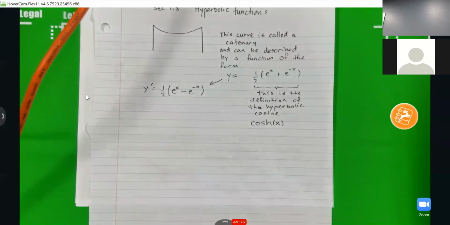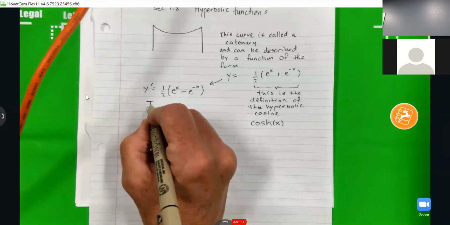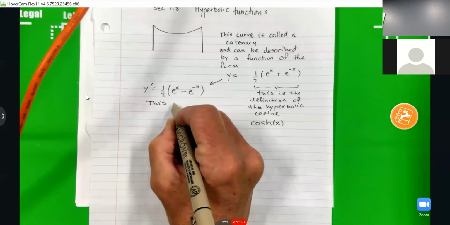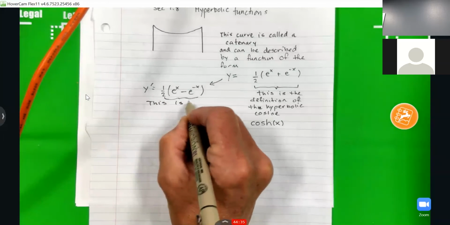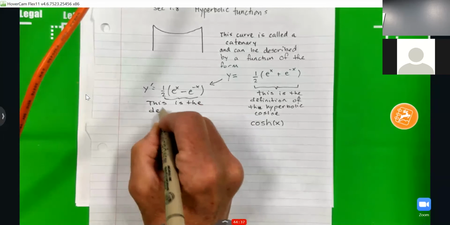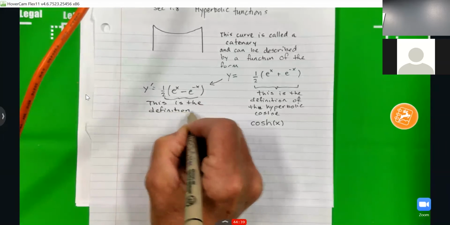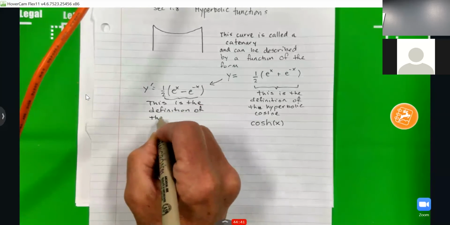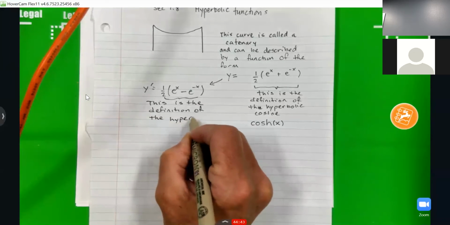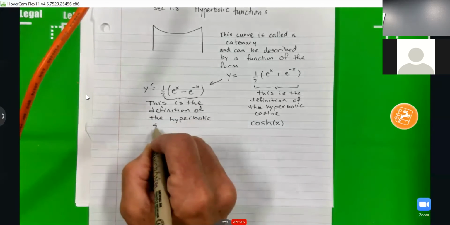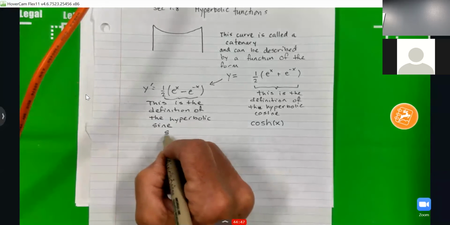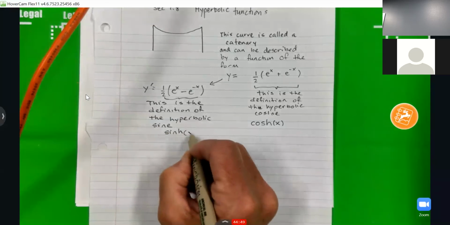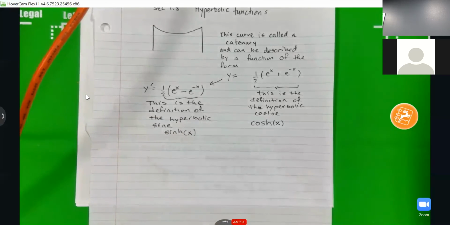That function is called the hyperbolic sine. And you write it as SINH of x. And you read that as cinch of x, even though there's not a C.